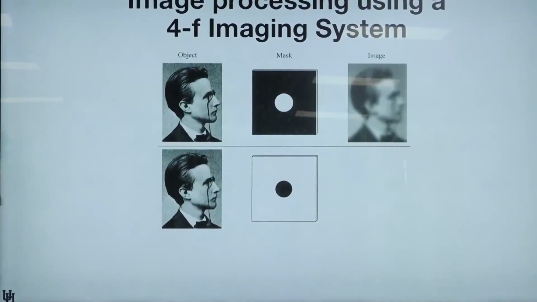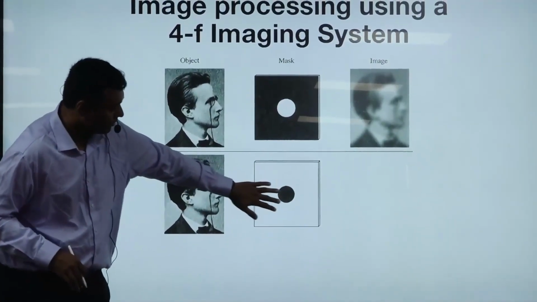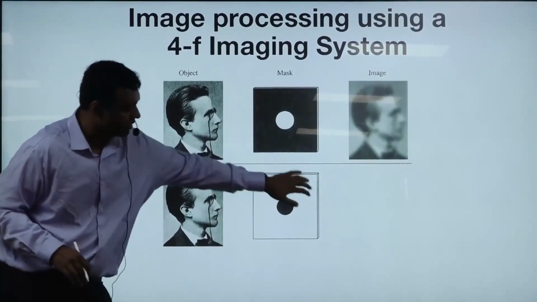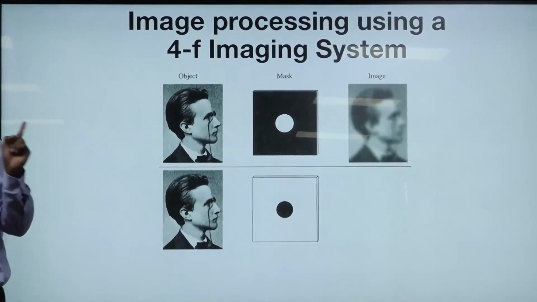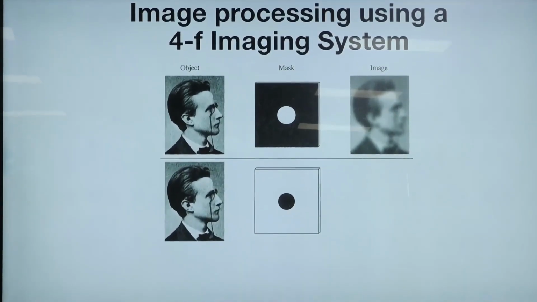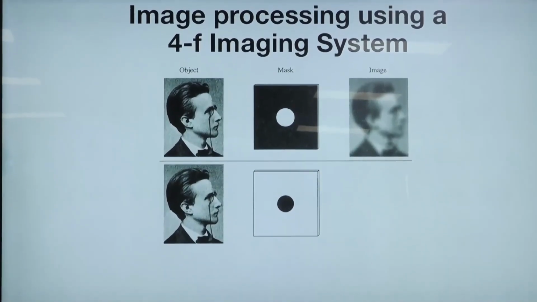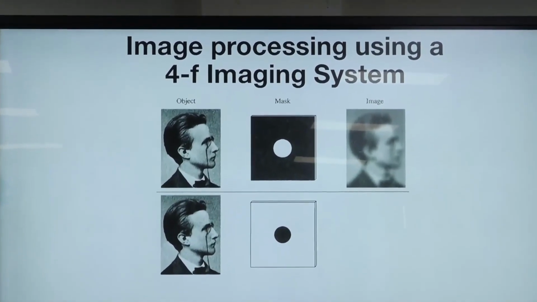Now take the same image, but the mask blocks off the low frequencies and lets all the higher frequencies through. What do you think you will see? Any guesses about what happens in this situation?